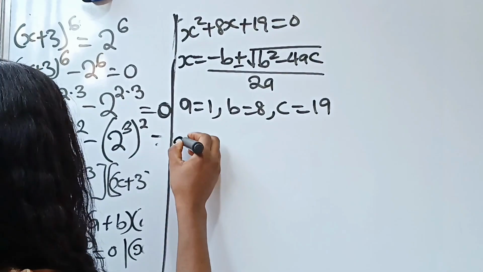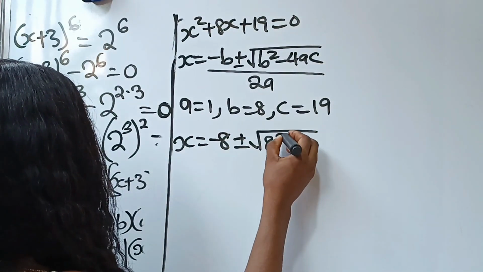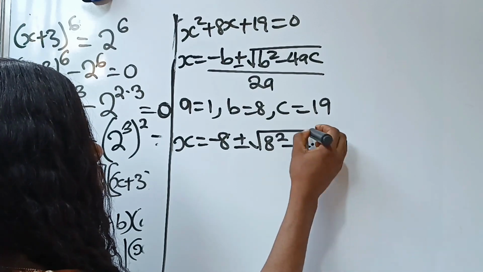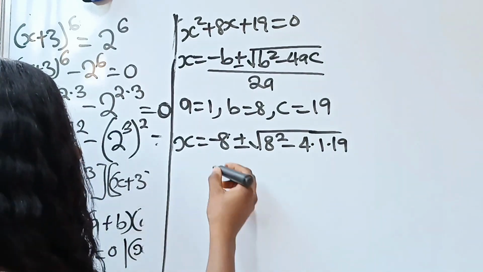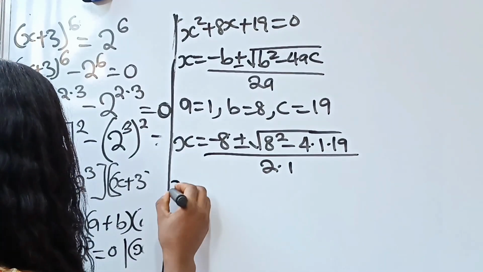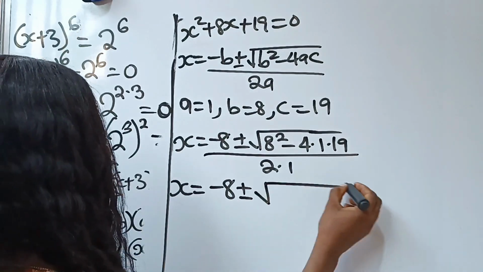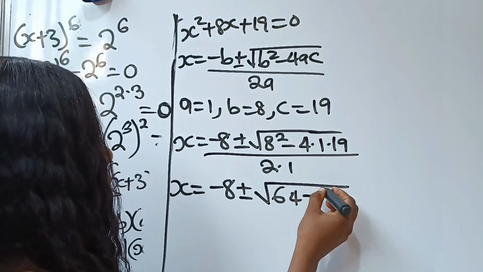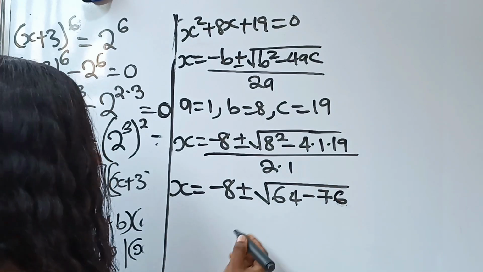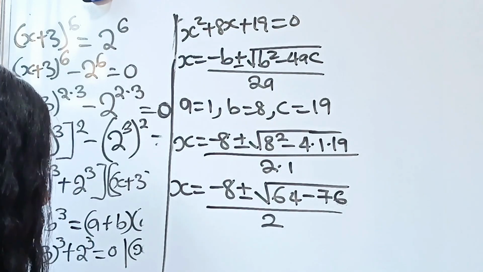Now let's substitute. X is equal to minus 8 plus or minus square root of 8 squared minus 4 multiplied by 1 multiplied by 19, everything divided by 2 multiplied by 1. So our x is equal to minus 8 plus or minus square root of 64 minus 76, everything divided by 2.